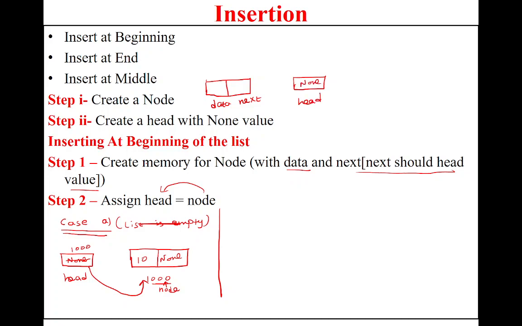Follow the algorithm: create a memory for the node. So one node is created. Creating memory for a node means the node will have two things: one is the data, another one is the next.